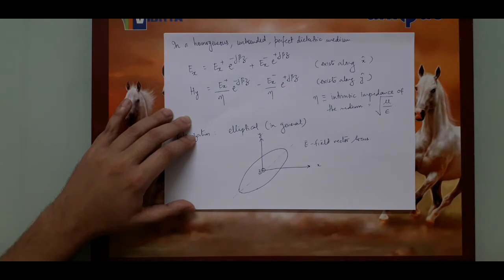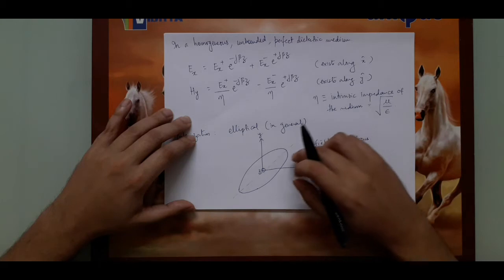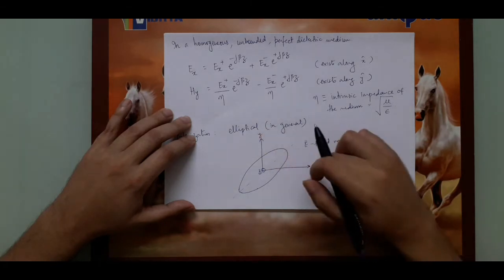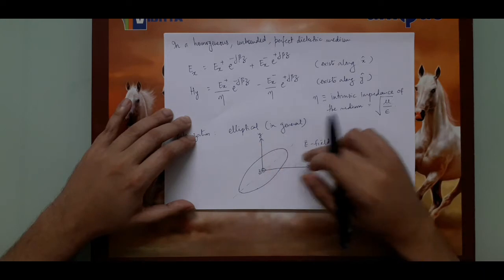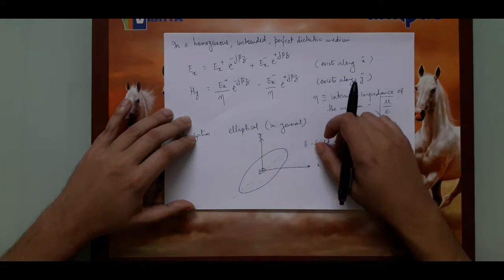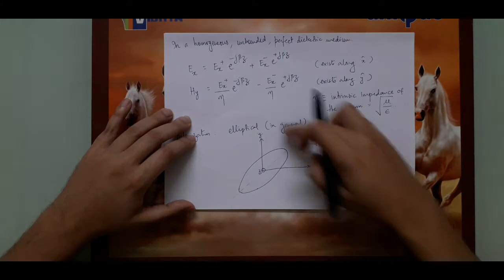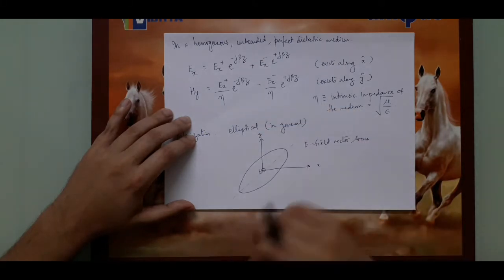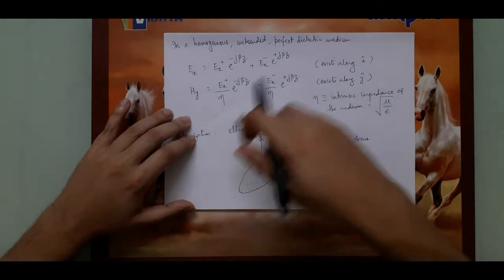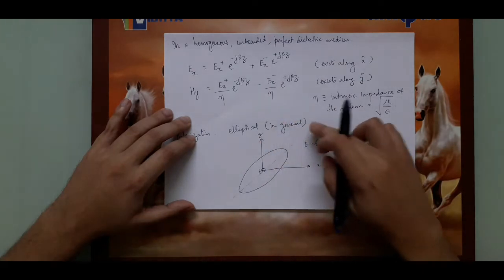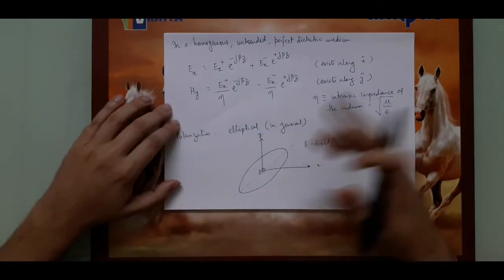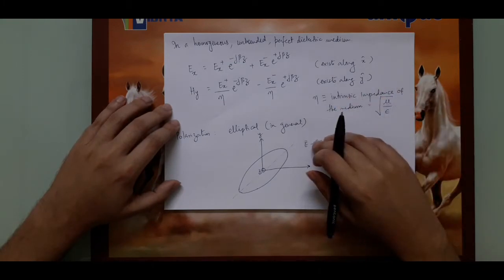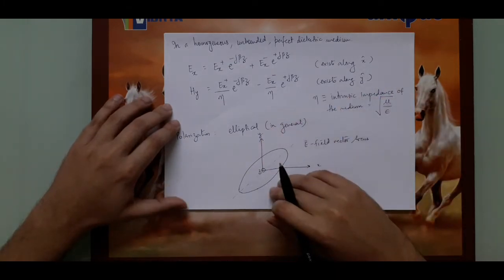So that is one special case. The other case we saw was that when there is a phase difference of pi by 2 between the electric field components along the x and y directions, then this ellipse essentially turns into a circle. So we saw that in general the circle could be such that the electric field vector rotates either clockwise or anti-clockwise, which we called the left hand circular polarization or the right hand circular polarization.